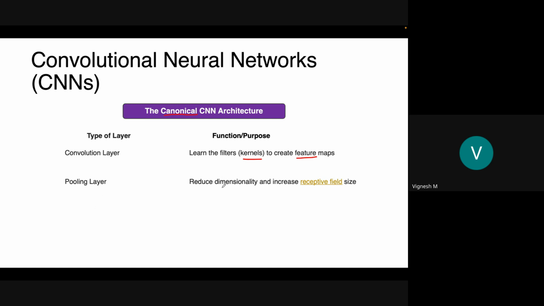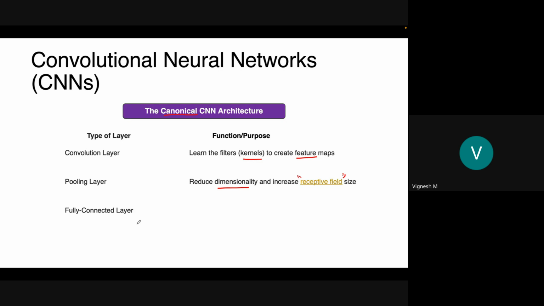So the idea of dimensionality and increased receptive field size, this we will talk about. Those are the properties of what's a pooling layer. Okay, so by the name, you're sort of pooling information together in a way that can help abstract the image or reduce its dimensionality.